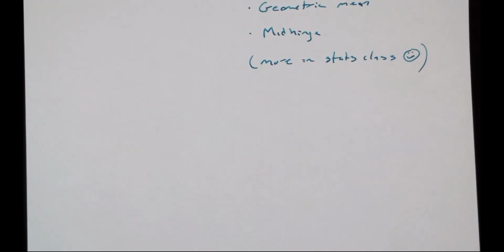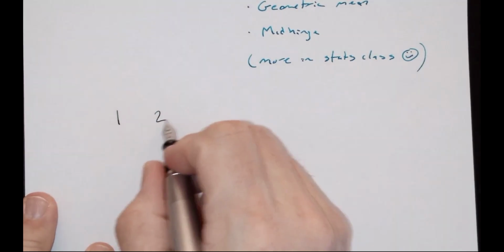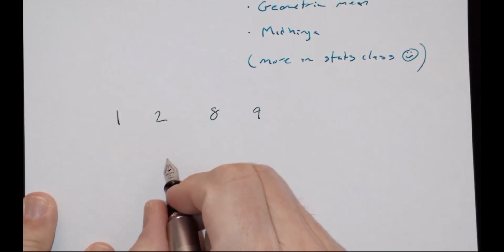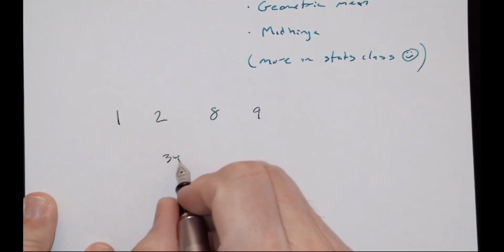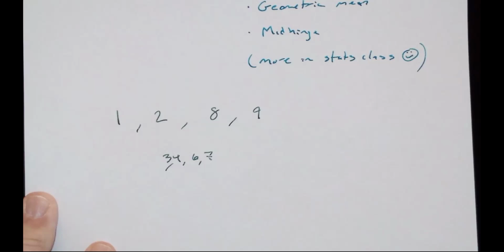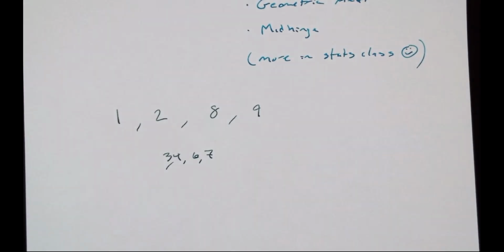Just the center isn't enough. Here are two sets of data. I would like the mean and the median for both sets.